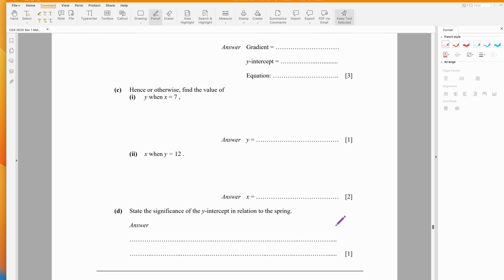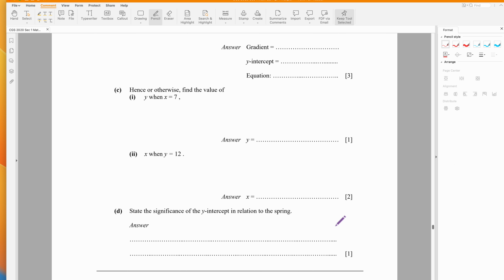Let me ask you a question. If they give you y equals 12, where is your y equals 12? This is your y equals 12. Everywhere here is your y equals 12.